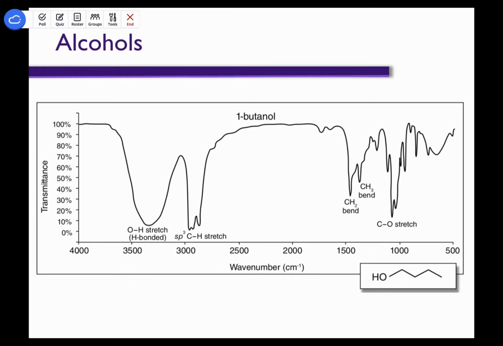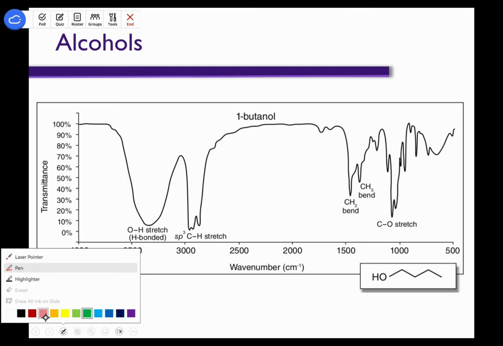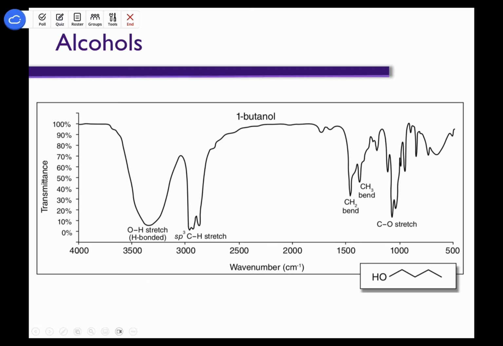Okay, so now let's move to our alcohols. In our table, you can see that the OH stretch for alcohols is identified as broad and strong. And so I would say that this is the most obvious peak that we have. You can see it is indeed very broad, very strong.